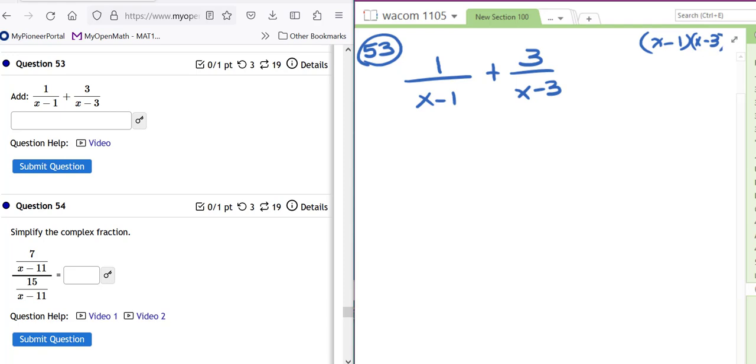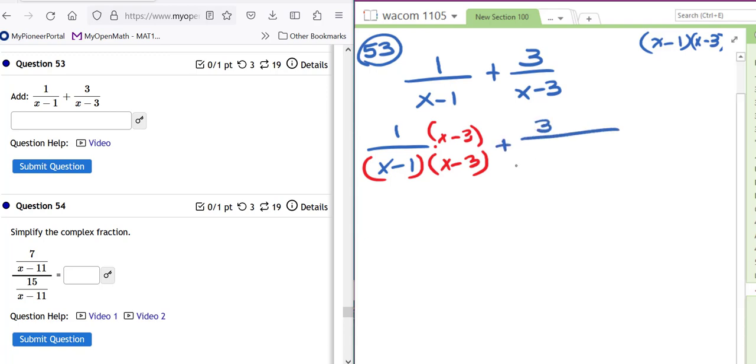So this one is going to need, I'm going to bring down what I have. I need more room here. All right, it is missing the x minus 3, so it's going to need an x minus 3 over x minus 3. And this one, I'll bring down what I have. It is missing the x minus 1.